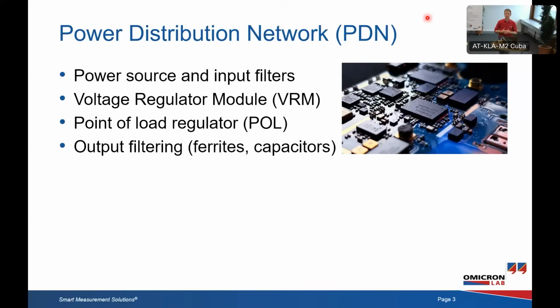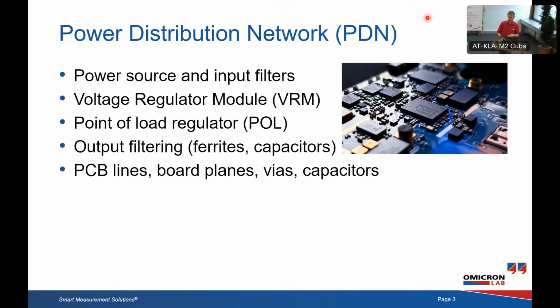There are ferrite beads in designs, and decoupling capacitors that are used to filter the power, clean it up from noise, or avoid interference from one load to another. In addition to these components, the PCB lines, the boards, the planes, the wires, and of course the capacitors that are placed are part of the PDN.